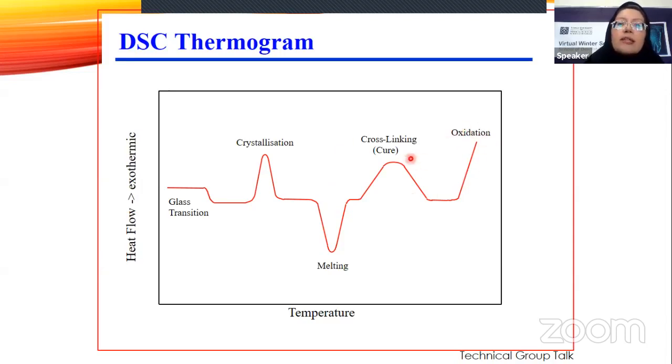So we have to consider that this material can tolerate the temperature up to this point before oxidation. DSC combined with TGA are useful devices for giving us important information about the thermal behavior of materials.